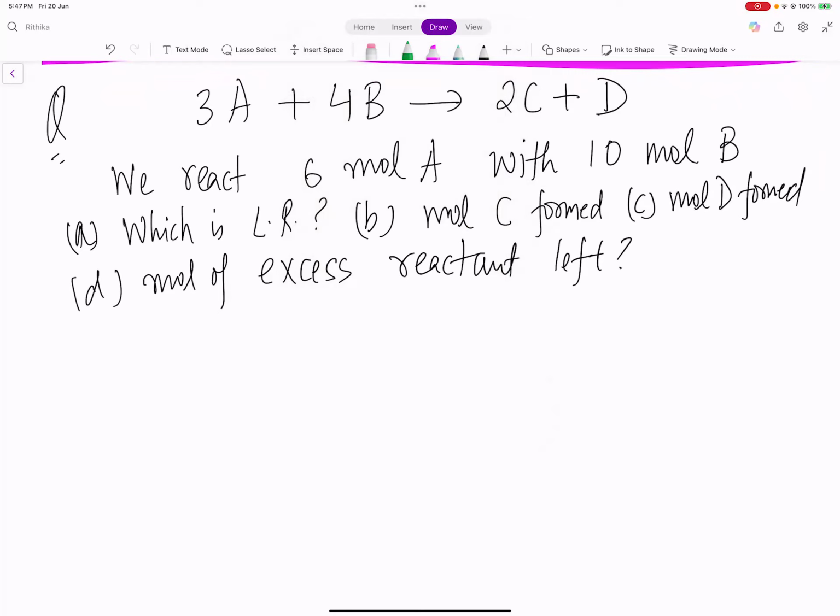So limiting reactant is B. 4 by 10. No, it's A. Mole of C formed is 4.